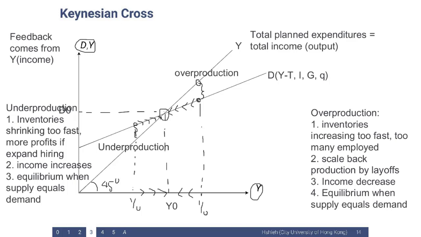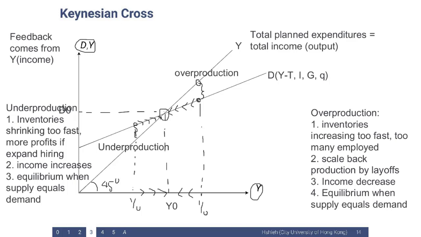Okay, so mechanism. Two scenarios to think about. One is if there's an overproduction, and the other is underproduction. Overproduction means two things. One, inventories are growing fast, and number two, they're producing too much with the given amount of labor. So the economy needs to shrink, essentially. The labor market needs to shrink.